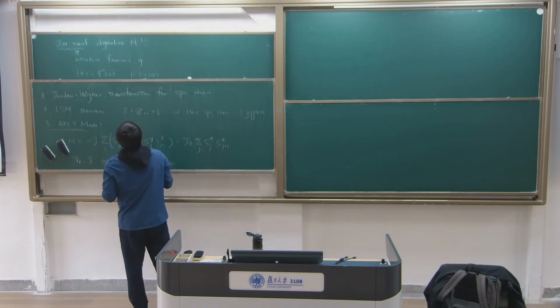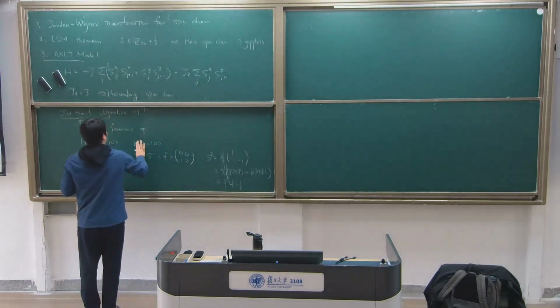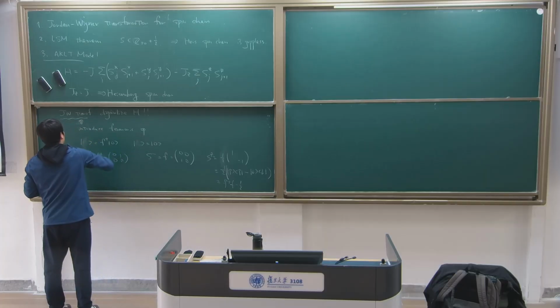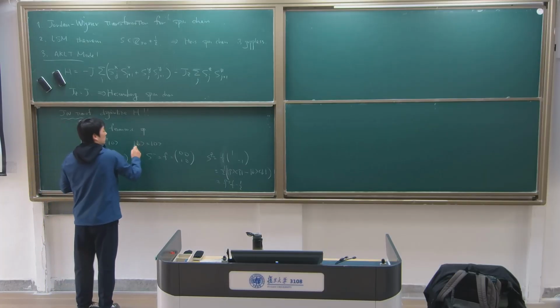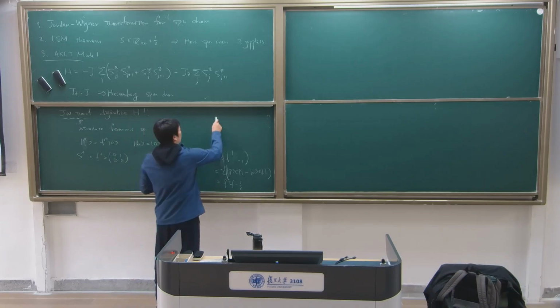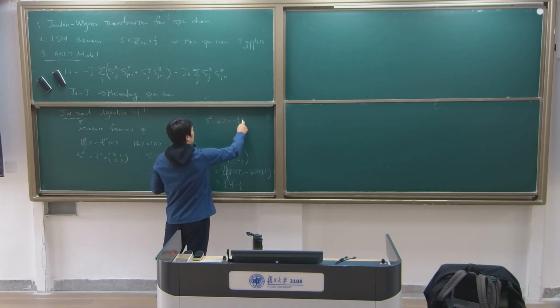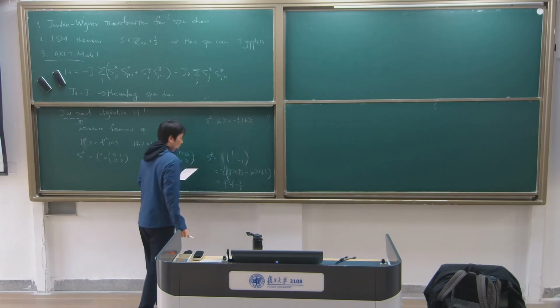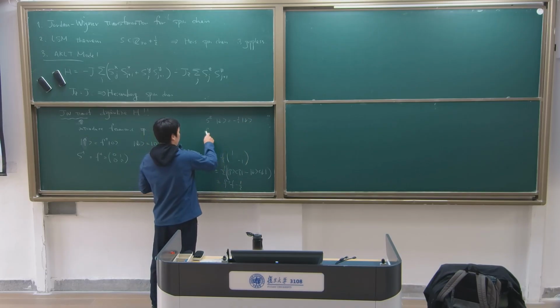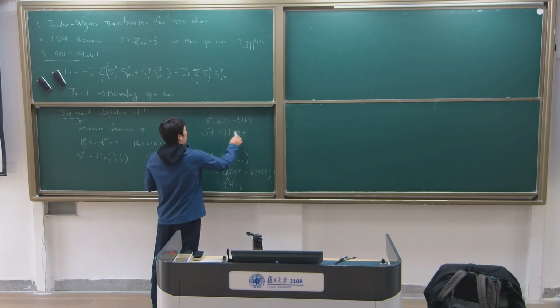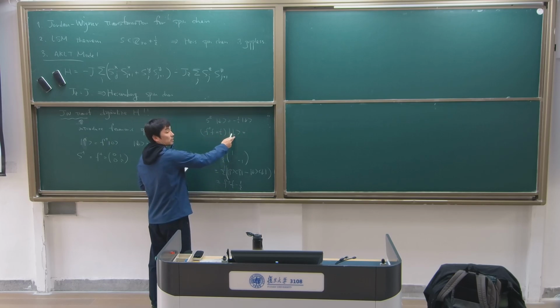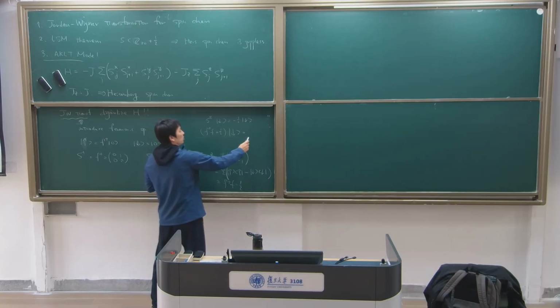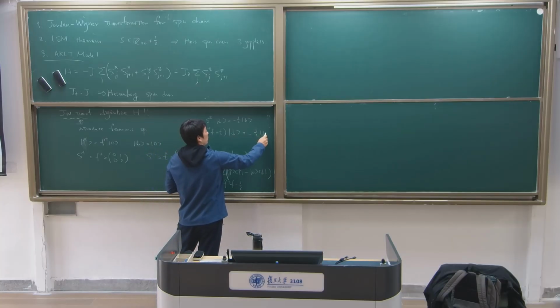Sorry, I think it's a bit confusing. So if you apply this one, you should get the minus 1 half of this one. And then if you apply S minus 1 half, so this S analysis being done, you just get 1 half like this.